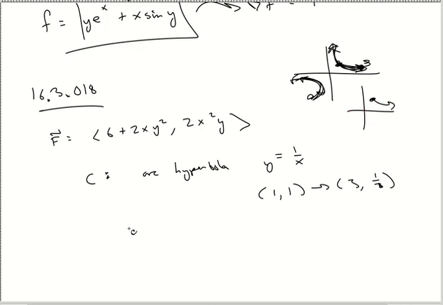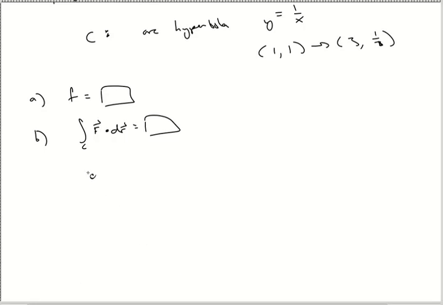This one has a two-part process. So part A is saying find your potential function. I am assuming then that they're saying that it's conservative so that I can actually do this. And then part B, they want to find f dot dr, which we were doing in the last section.